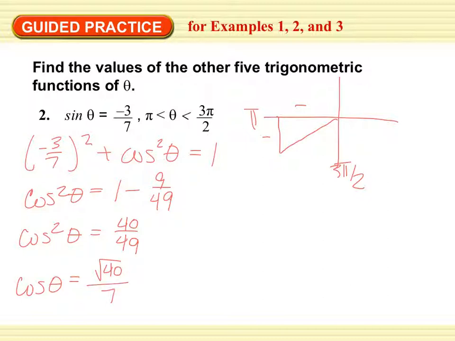Plus or minus, in this case, I need it to be the negative. Negative square root of 40 over 7. 40 breaks into 4 times 10, so 2 root 10. So cosine theta equals negative 2 root 10 over 7.